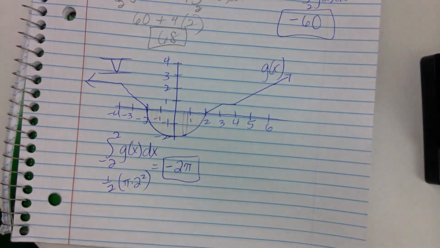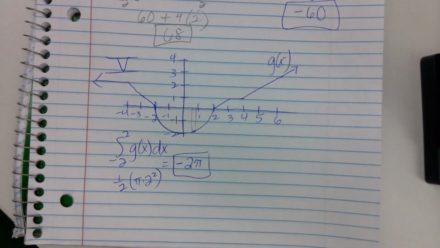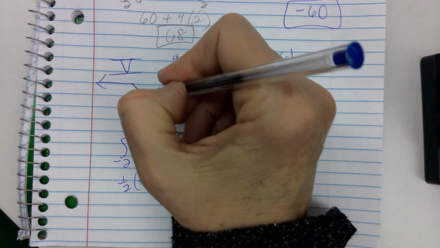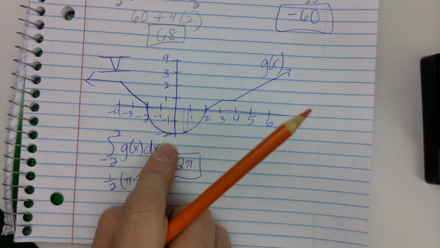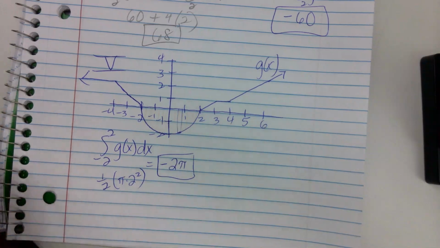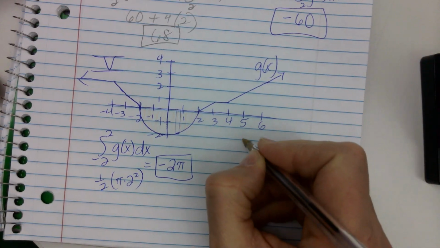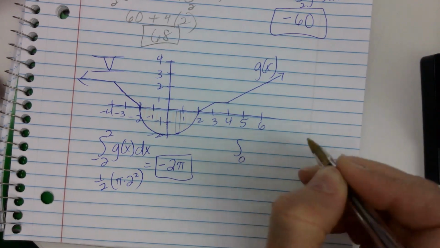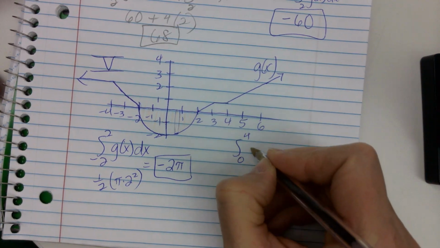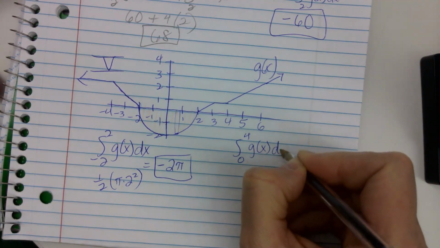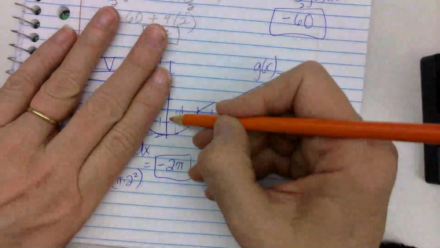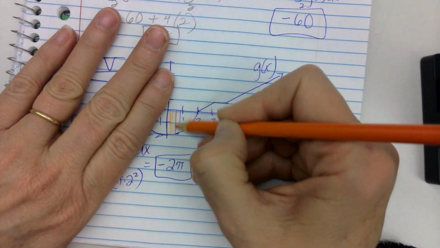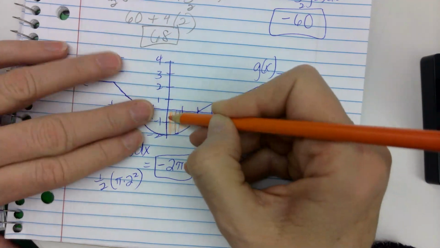All right, I'm just making it some random set of lines. So we've already talked about the integral from negative 2 to positive 2. Could you tell me the integral from 0 to 4? We definitely split it up. 0 to 2 is what part of a circle?